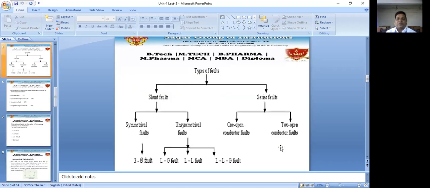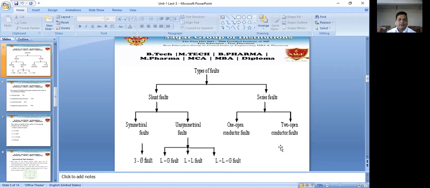Next, the types of faults. There are two types of fault: first is shunt fault and second is series fault. Series faults are of two types: one open conductor fault and two open conductor faults. Shunt faults are also further classified into two types, symmetrical fault and unsymmetrical fault.